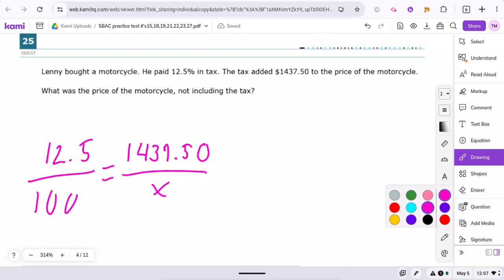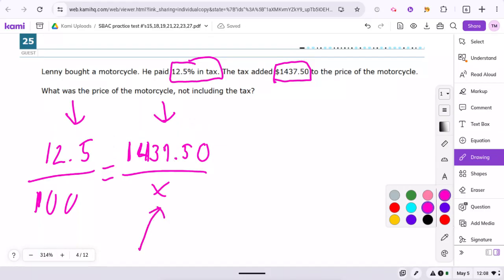The next one, for purchasing a motorcycle, this person paid 12.5% in tax, and the tax added this much to the price. So 12.5% over 100 is equal to the cost of the tax. So now we're going to figure out what the total price is if 12.5 is the amount of the tax.